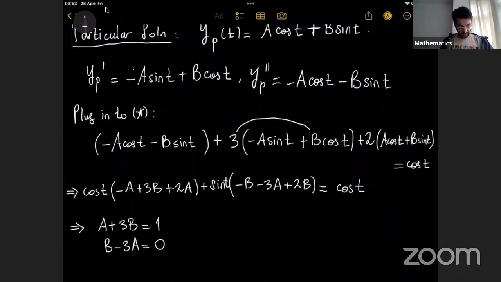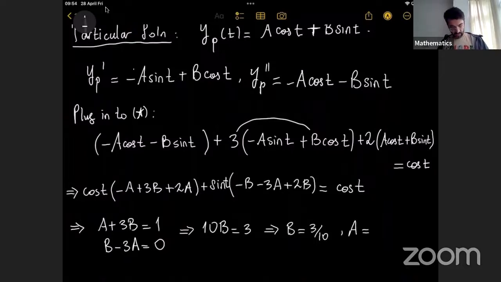Multiply the first one by 3, for instance, and add it to the second one, you will get 10b equals 3, so b is equal to 3 over 10, and a is equal to 1 minus 3b, which is 1 over 10.